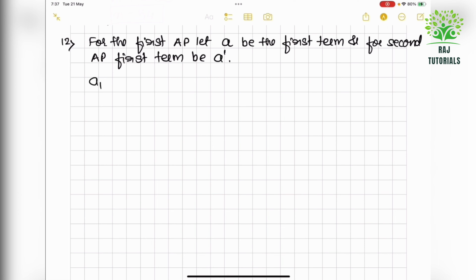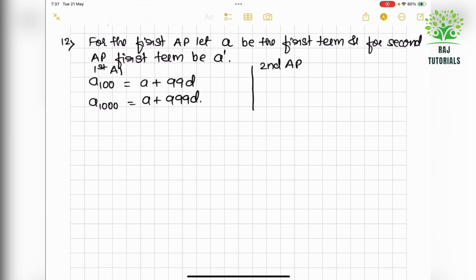Now the 100th term for the first AP will be A plus 99D and the 1000th term for the first AP will be A plus 999D. Now for second AP, let me write here first and second so that you understand.